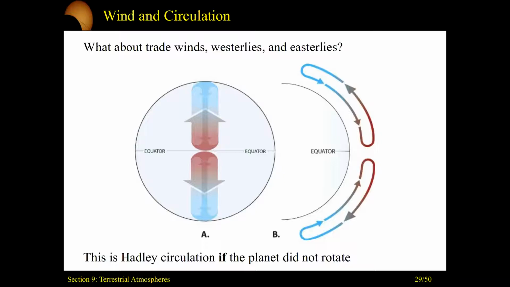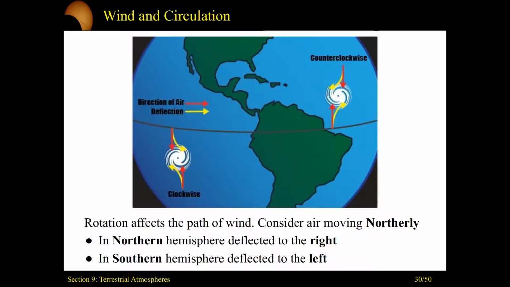But now we have to introduce that. On a stationary, non-rotating planet, we'd have these two very simple Hadley cells. But now put a rotating planet into the picture and see what happens. So let's add some angular momentum, get the planet spinning as we expect on where we live, and discuss what happens to the air that's moving.